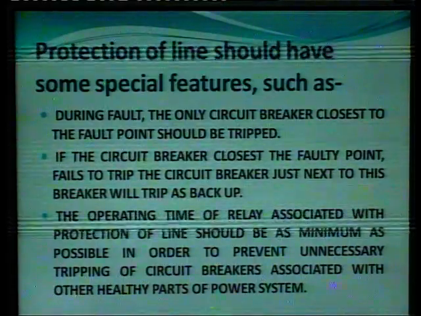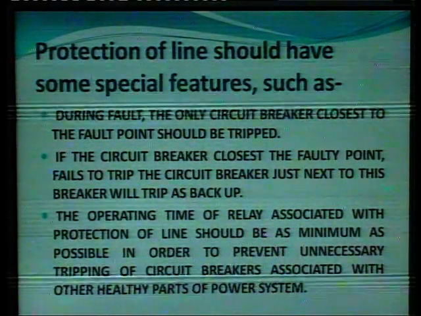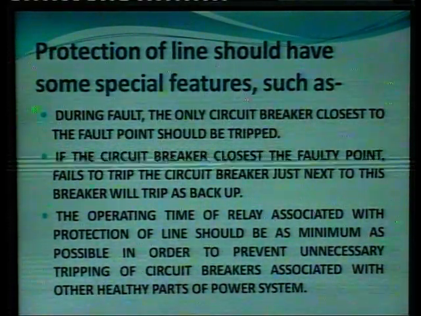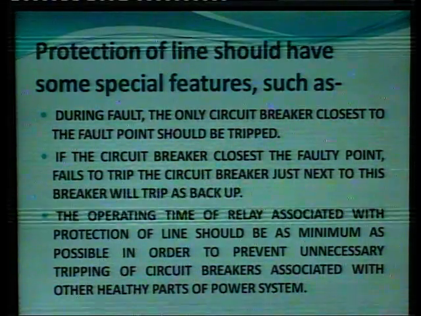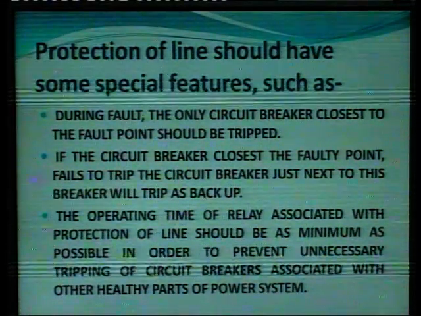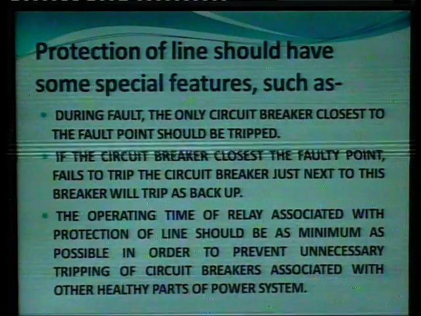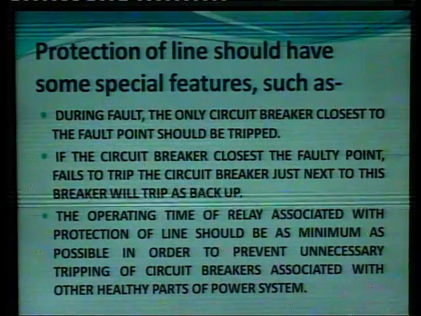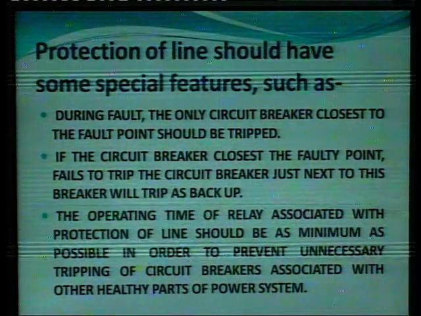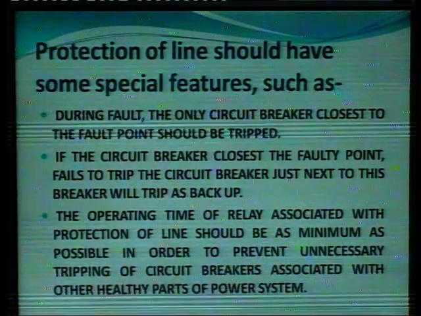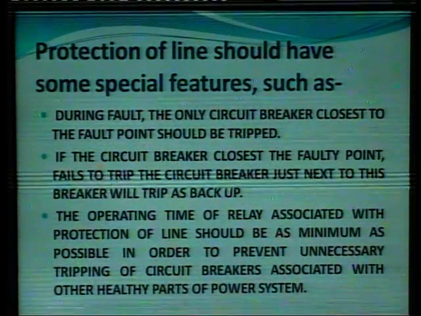The operating time of the relay associated with the protection of the line should be as minimum as possible in order to prevent unnecessary tripping of the circuit breakers associated with other healthy parts of the power system.